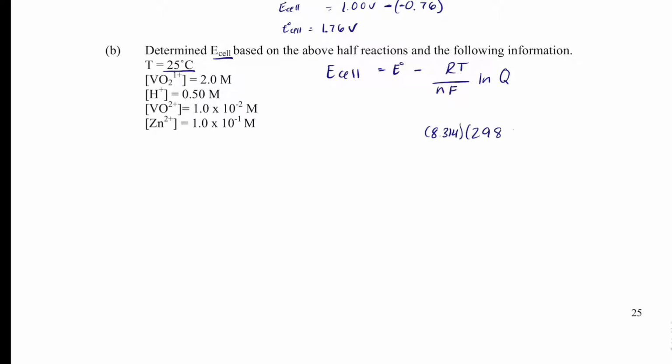T will be 298, F will be 96,485. If I remember correctly, this will simplify to 0.592 over N or something like that, and I need to calculate that really quickly.